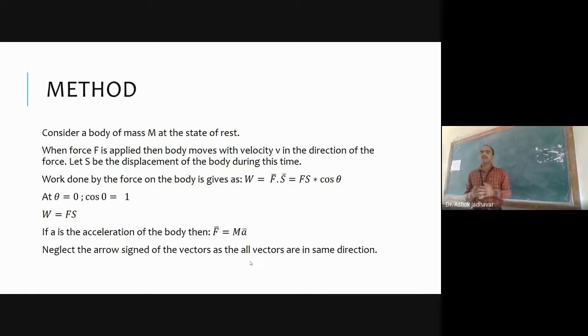So consider a body of mass m, and it is initially at rest. This means that its initial velocity will be 0.